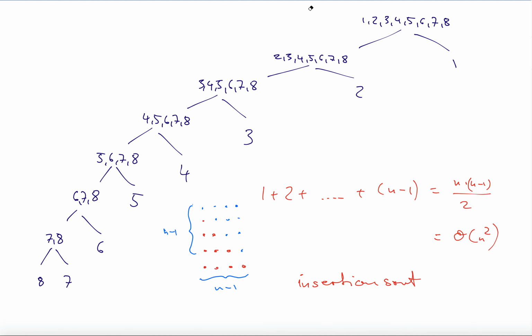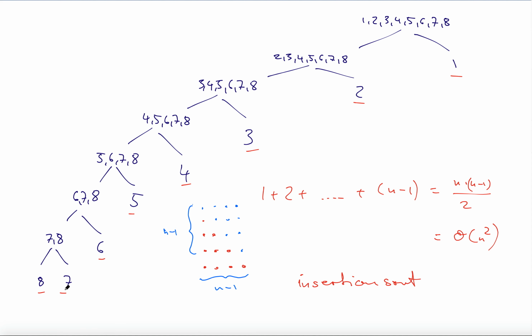So what is the tree supposed to show us? Suppose we have a list which consists of 8, 7, 6, 5, 4, 3, 2, 1 in the wrong order, and now we want to sort it with merge sort.